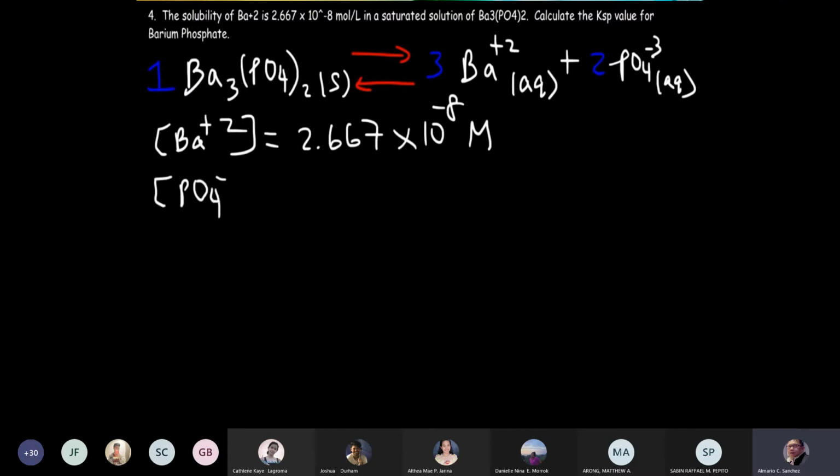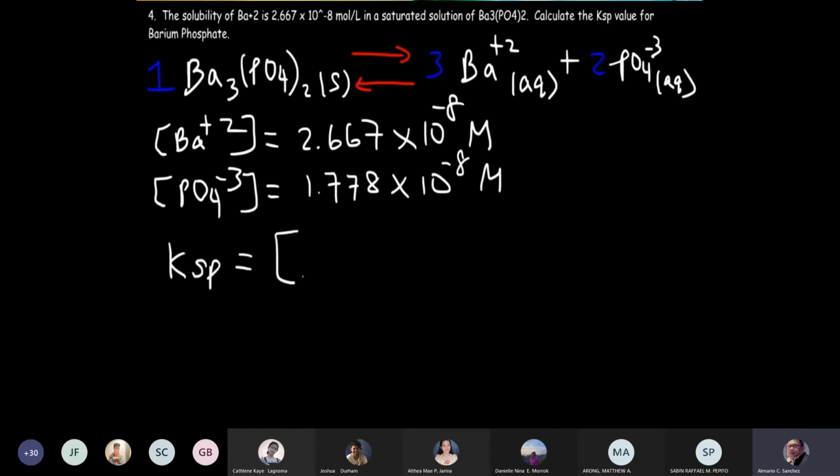And so the phosphate ion concentration in this problem is 1.778 times 10 raised to negative 8. Now, let's calculate the KSP. So let's write the equilibrium expression. It's going to equal the barium plus 2 concentration times the phosphate concentration. And we need to raise this to the third power and the phosphate concentration to the second power.